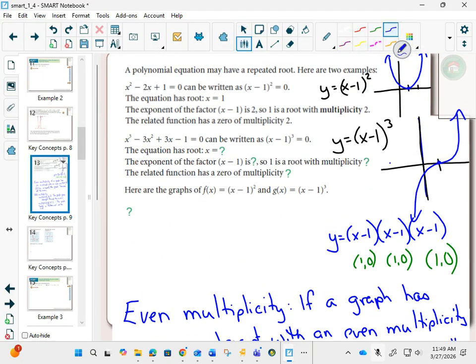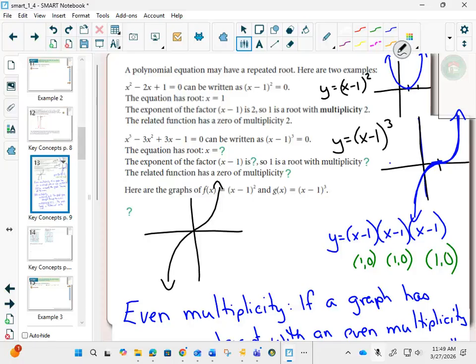Sometimes I draw the x-intercept and I actually draw a little tiny flat line there. And then I connect it to the rest of the graph. Because if you would have drawn an x cubed graph like this, which you probably did in transformations, technically you'd lose a half a mark on that one now. Because it didn't quite flatten out.